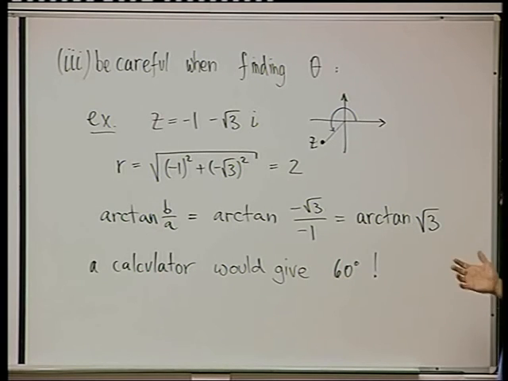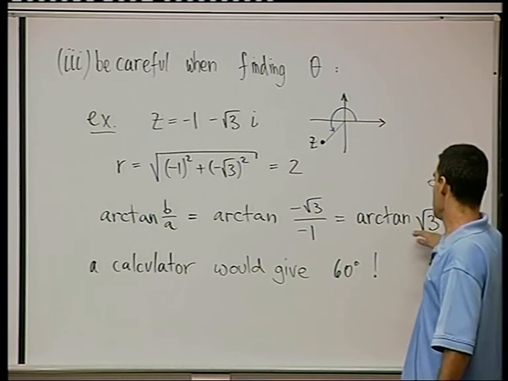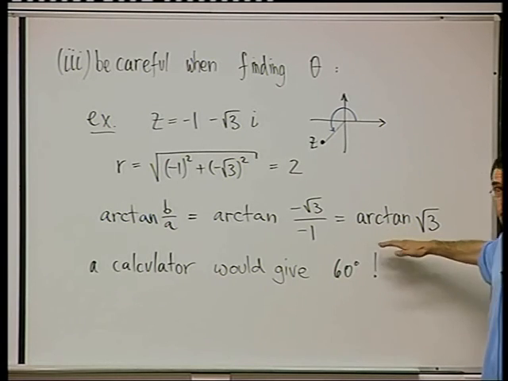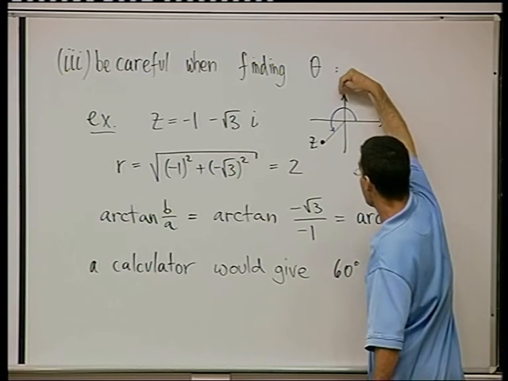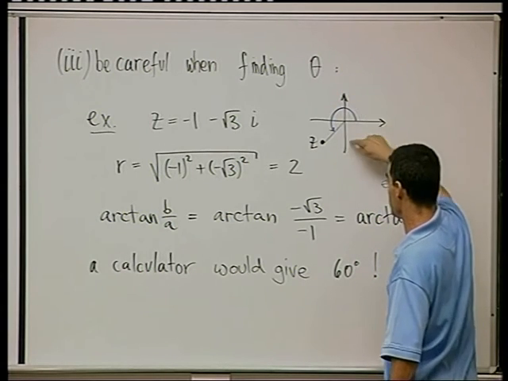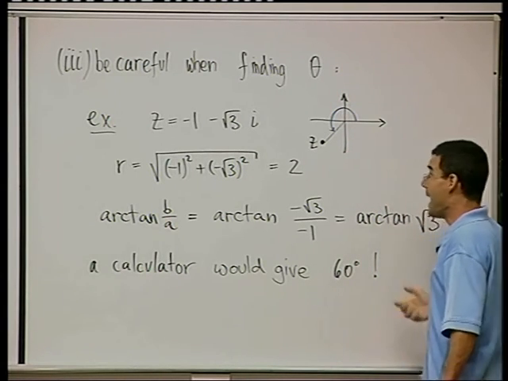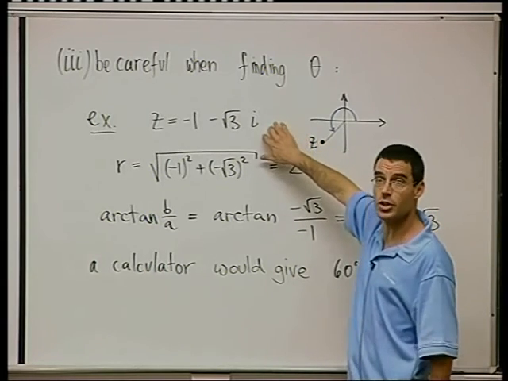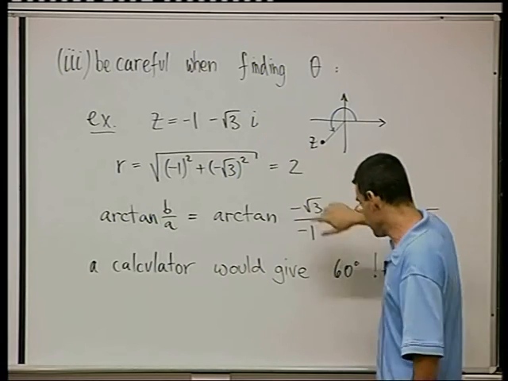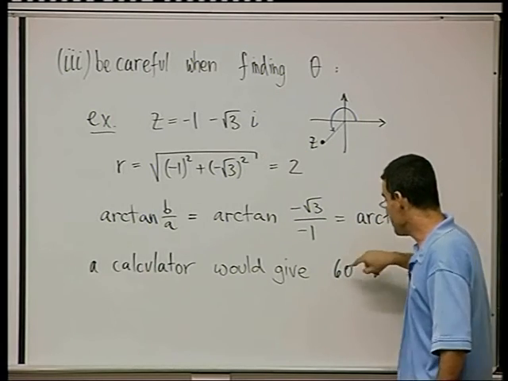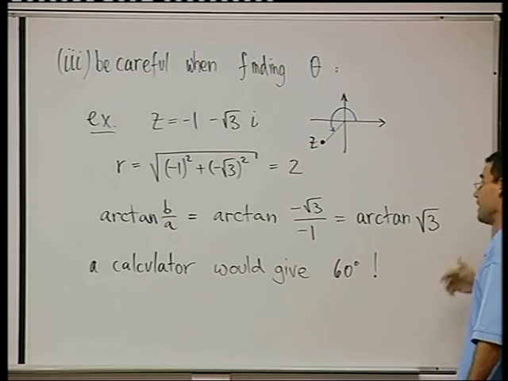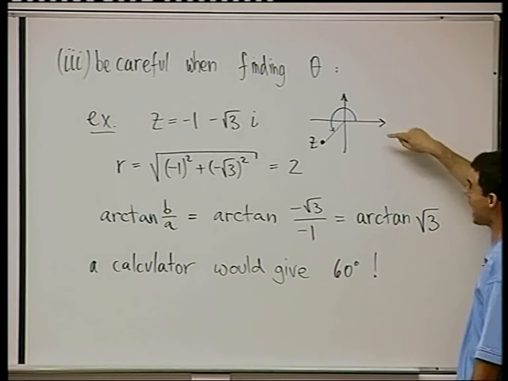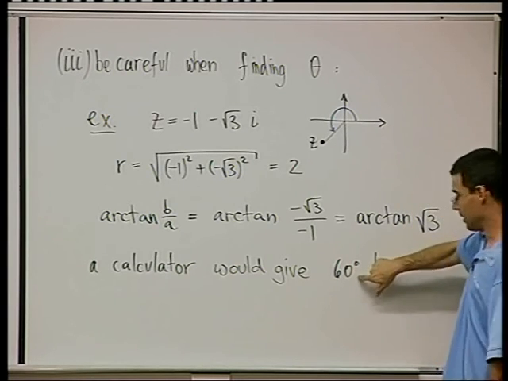So what we really need to do is use the function arctan, and we're always going to get an answer between pi over 2 and negative pi over 2. And then we have to take into account the quadrant in which the number lives and find the angle in that quadrant which would have the same tangent as the angle that we got from the calculator.